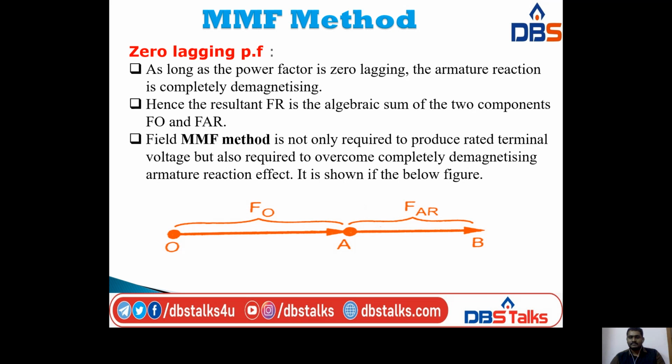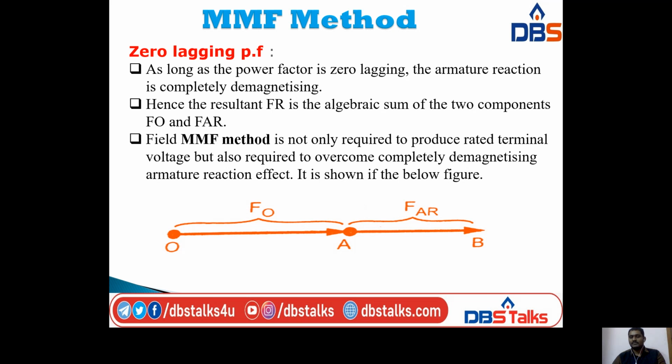As long as the power factor is zero lagging, the armature reaction is completely demagnetizing. Hence the resultant FR is the algebraic sum of the two components, that is F naught and FAR. So the field MMF in this method is not only required to produce the rated terminal voltage, but also required to overcome the completely demagnetizing armature reaction effect.